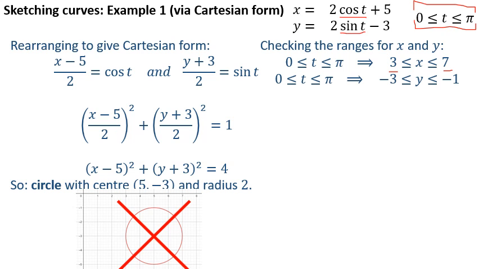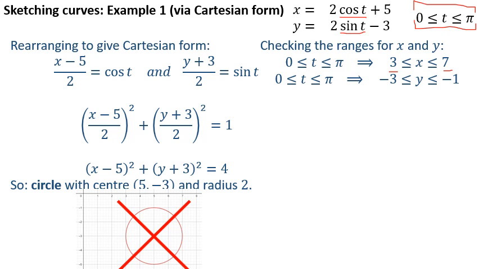In the y direction, it's a bit sneakier. 2 lots of sine 0 take away 3 will be 0 take away 3, so -3. But by the time we get to pi, the sine wave has done the first half of its loop and it's come back to 0. So we get -3 again.